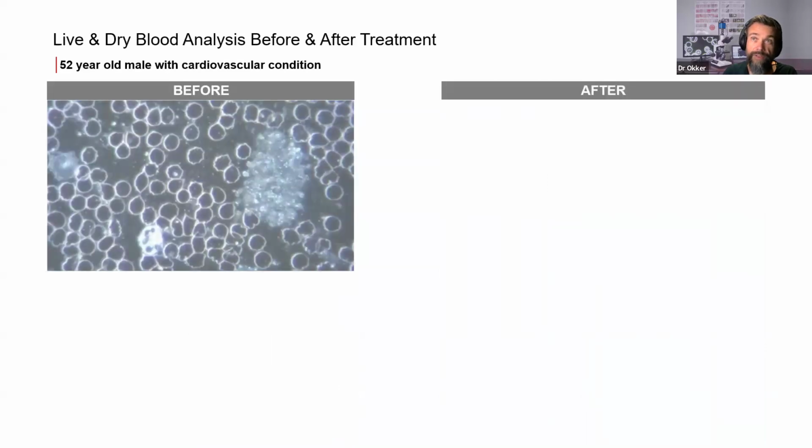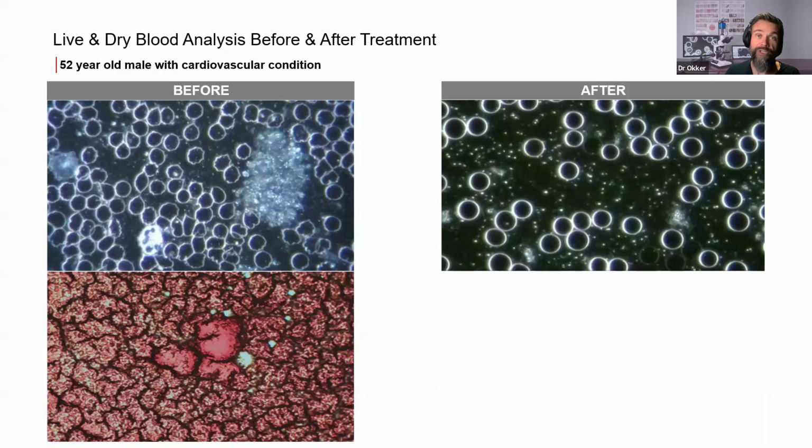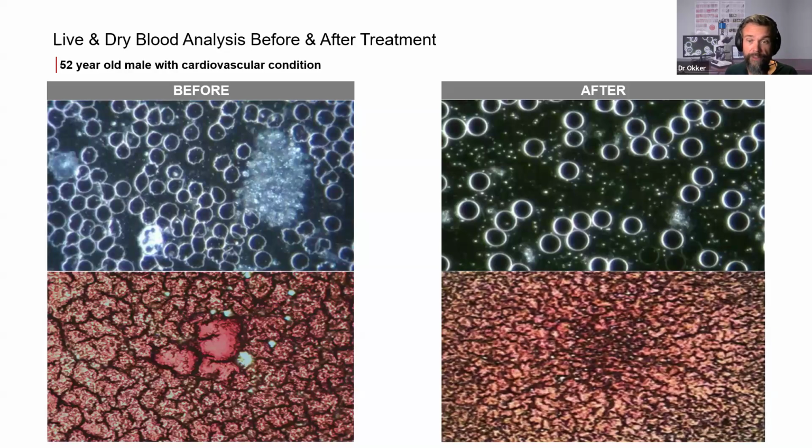Right, same client, just with some more examples. So there's thrombocyte aggregation there in dark field as well. And the dry blood image, the lower left-hand side there, towards the center of that image is something that we refer to as blistering. It actually looks like an area of the dry blood is bulging up almost like a blister.